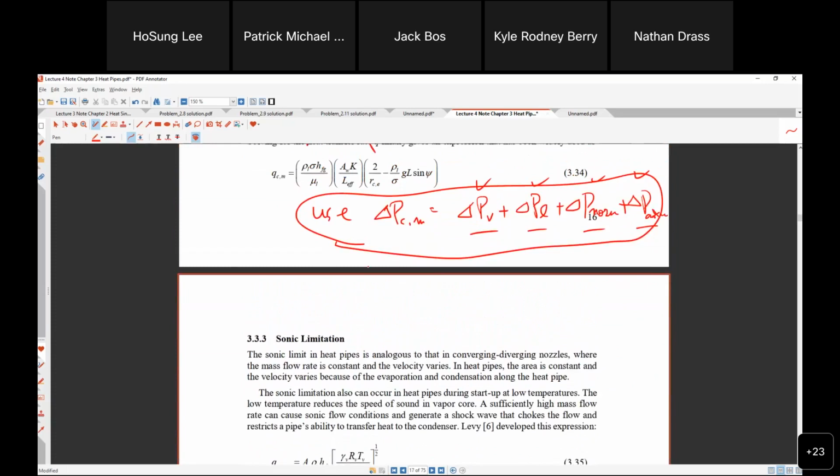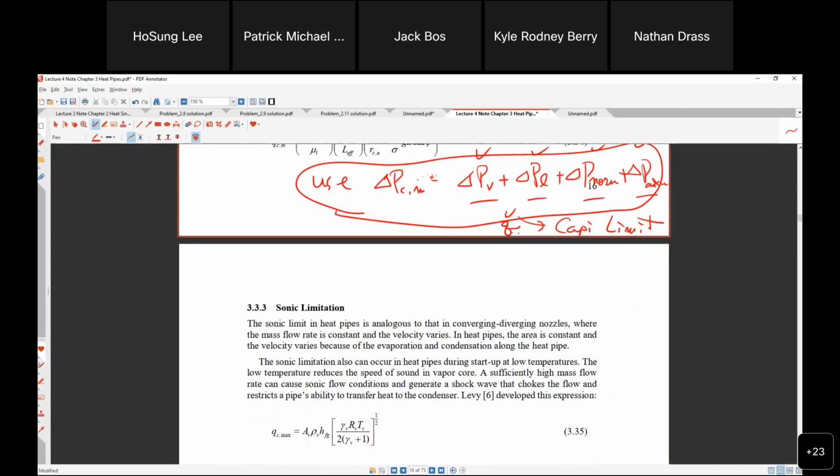So that you can calculate the capillary limit. This will give you the capillary limit, the delta P CM. Actually, you can calculate the Q, the maximum heat flow, from this, the QCM, maximum capillary.